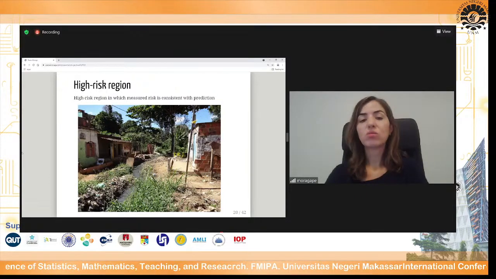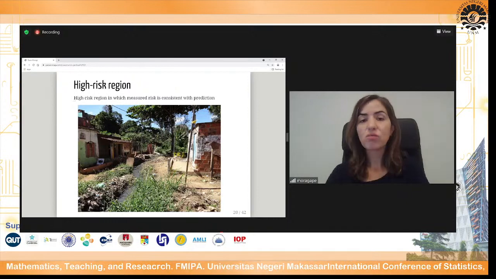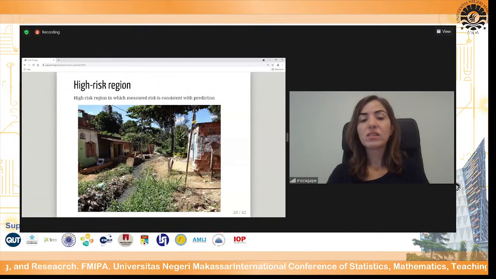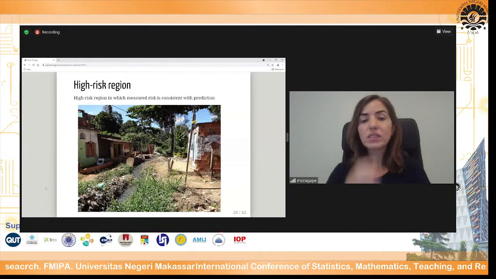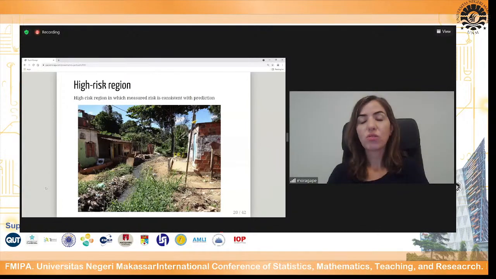Here, for example, we have a region that is a high-risk region in which the measured risk is consistent with prediction. And here you can see we have a lot of vegetation, open sewers, accumulated trash, and rats can be seen very easily. This is a location with high positive residual. So the risk is higher than predicted by the risk factors.